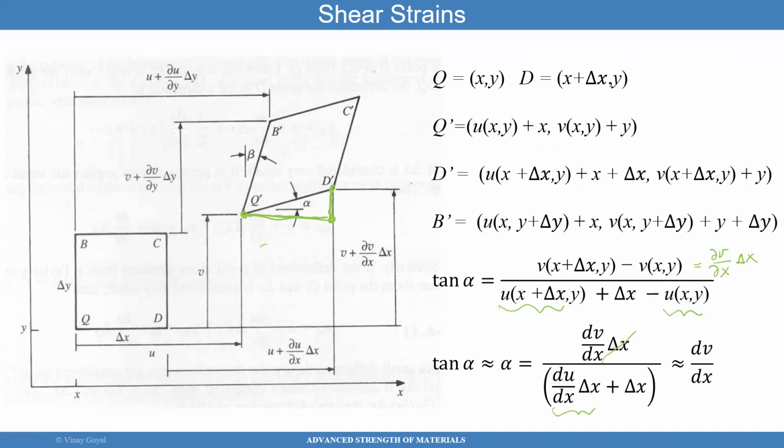Then delta x cancels out. I'm going to remove this from here and factor delta x out, delta x cancels, so you get a 1 here.